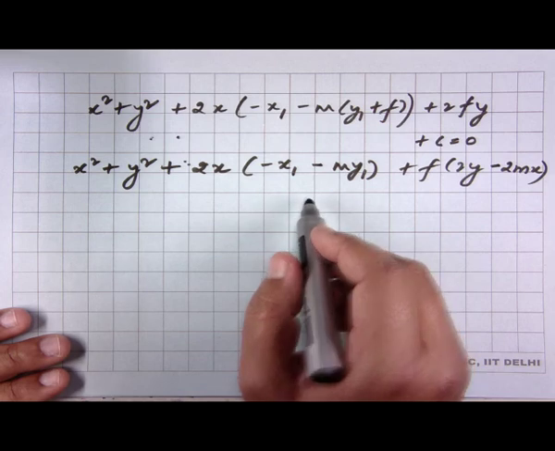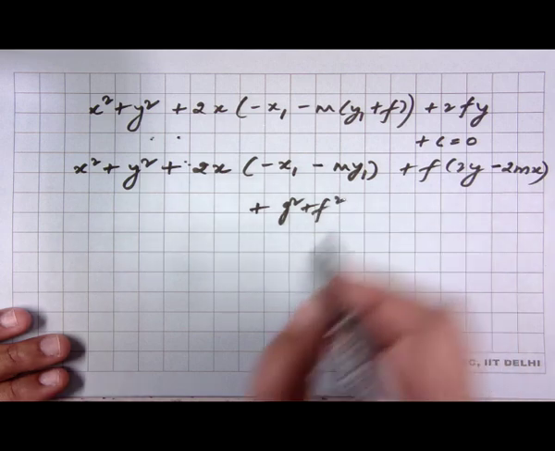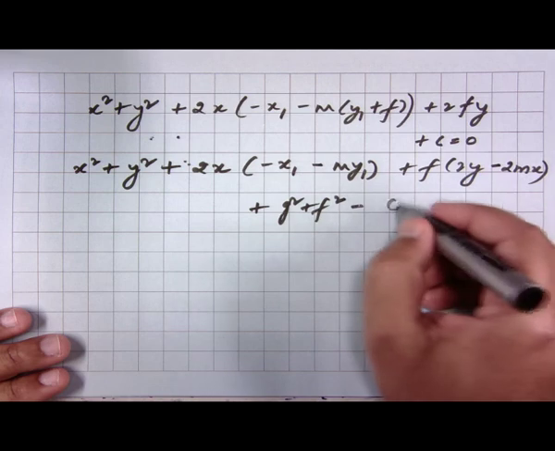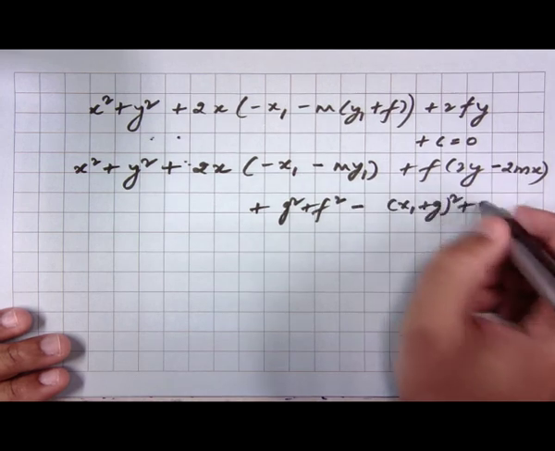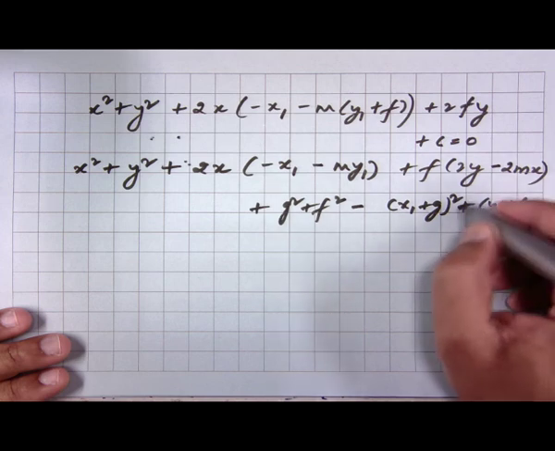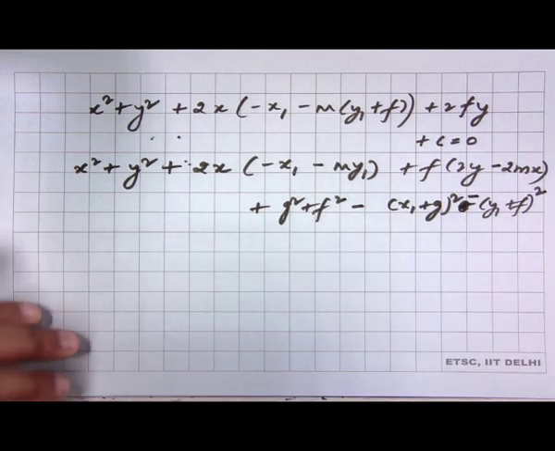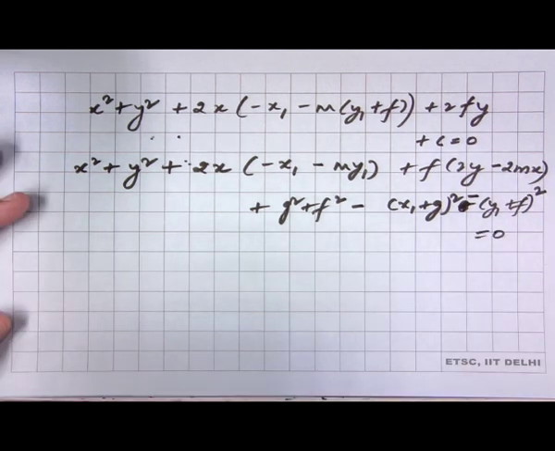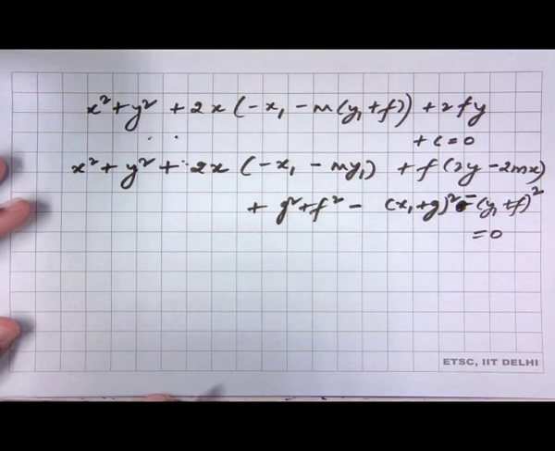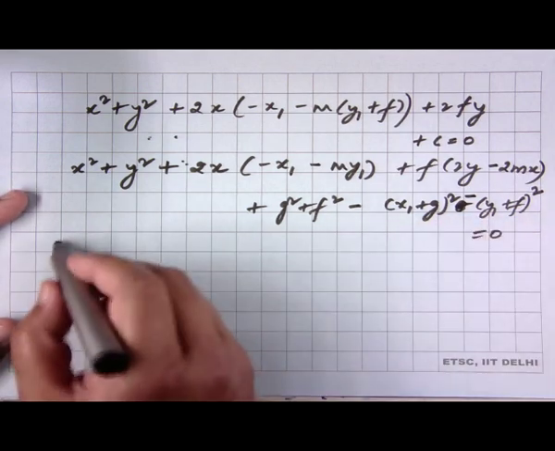But instead of c, we are going to use the expression which we derived just now, which is g square plus f square minus this, equals 0. Of course, there is going to be some cancellation over here.